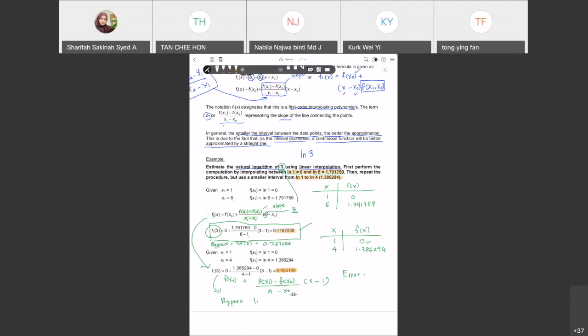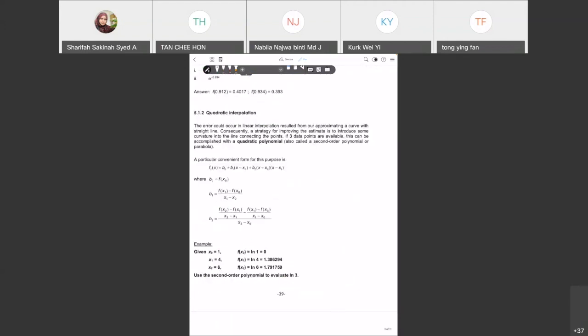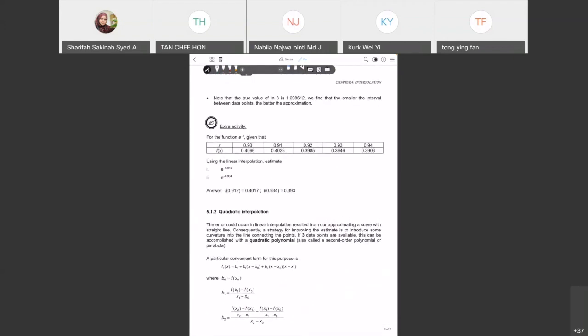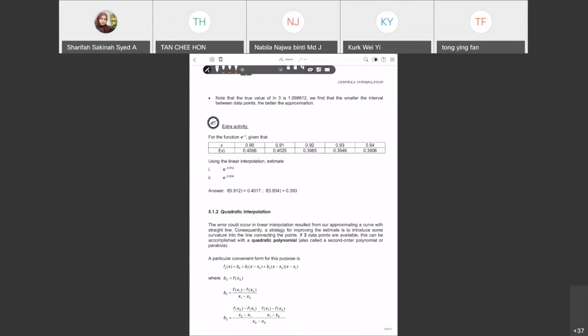When ln 3 is equal to 0.9296. So you have two different answers because you are using two different sets. So look at next, the true answer: when you look at the calculator, the answer is 1.098612.